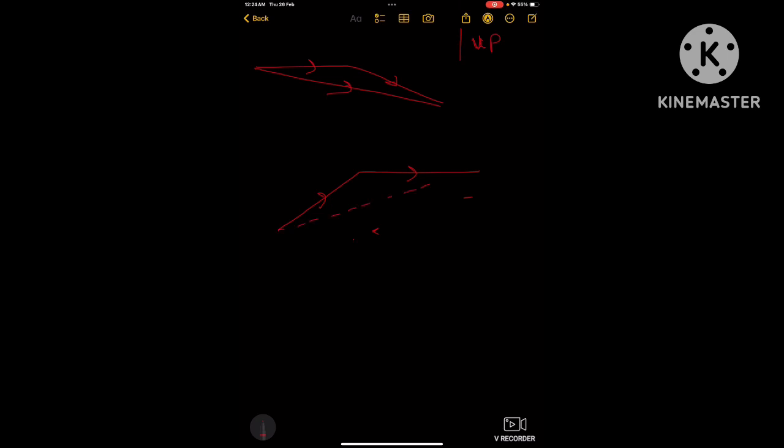The final resultant vector will be this: v1, v2, and this is the resultant vector, R. So right down like this, or left up like this.